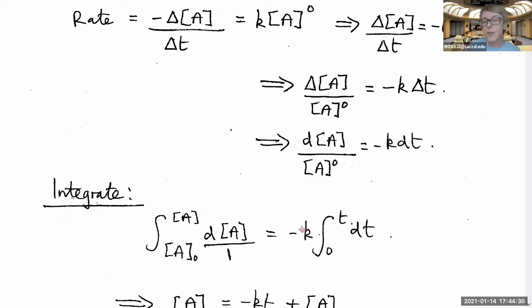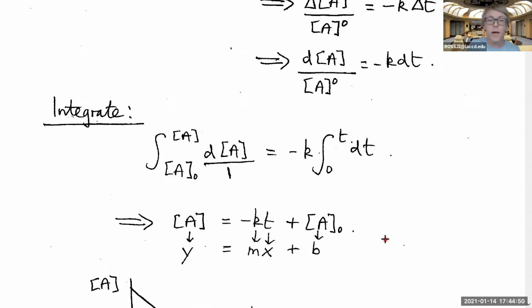We can't integrate the rate constant, so we can move that to the left of the integral sign. So that's just a constant negative k. We have the integral between the extremes of time t and time t equals 0, of the change in time. Okay. And we actually perform that integration, and we get this expression here.